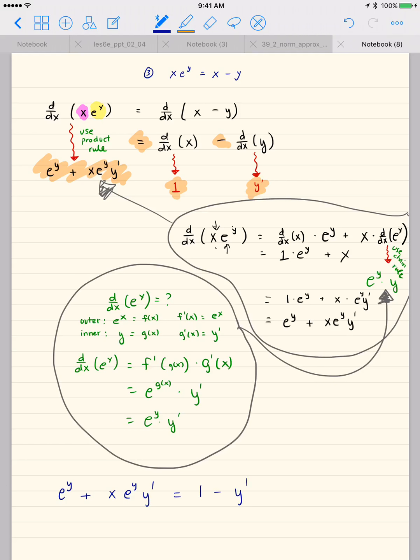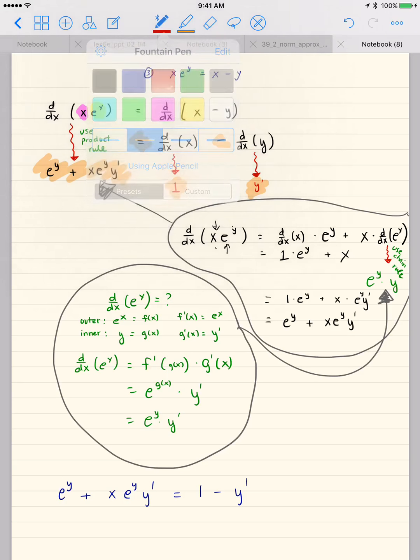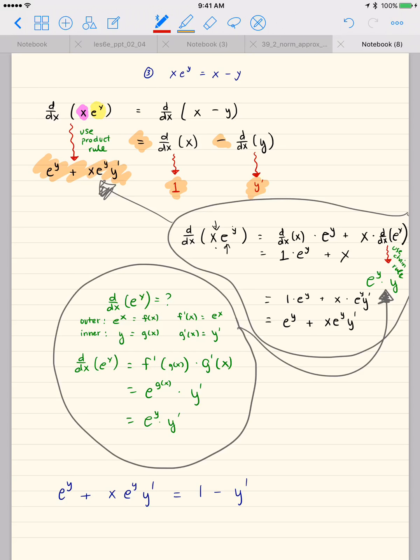Now our goal is to solve for y prime. So I need to put all of my y primes on one side. So I'm going to subtract 1 from both sides, and I need to subtract x e to the y, y prime.